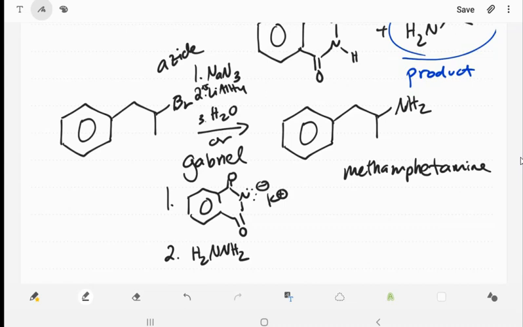The hardest part actually is getting that bromine onto that carbon. That's the tough part of this synthesis, especially if you want to do it chirally. It can be pretty tough. However, if you get your bromopropylbenzene, it's a fairly easy process to get the methamphetamine out. So there we have it.